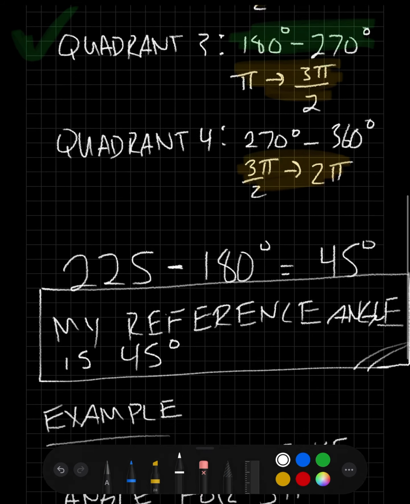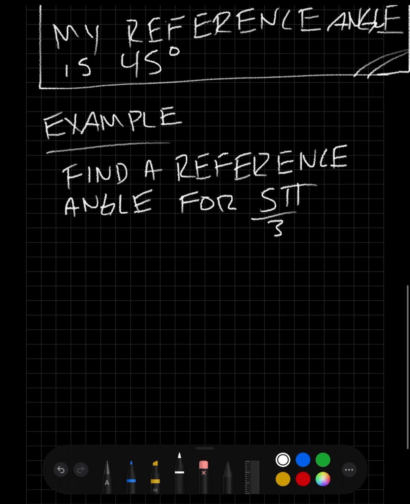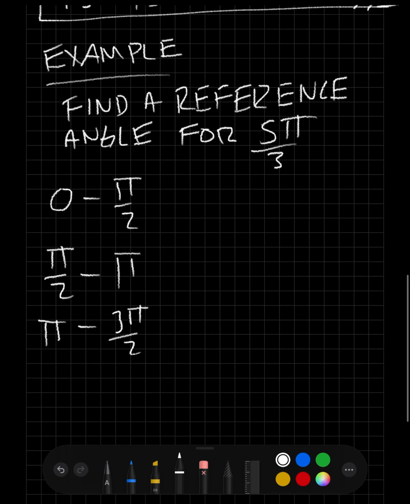But it's a little hard to have an intuitive sense of where these are. So where does 5 pi over 3 fit? Does it fit in 0 to pi over 2? Pi over 2 to pi? Pi to 3 pi over 2? Or 3 pi over 2 to 2 pi?